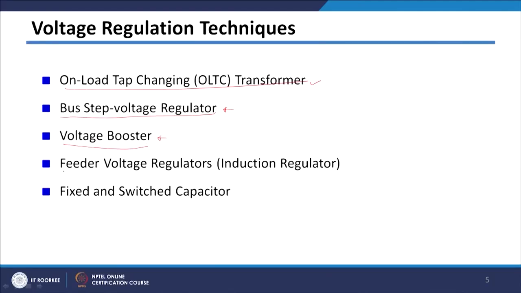Then there are feeder voltage regulators, basically called induction regulators, and these are nothing but induction motors, where the stator winding and rotor winding are connected in series, and the induction motor will be in a steady state position, meaning it will not be running.